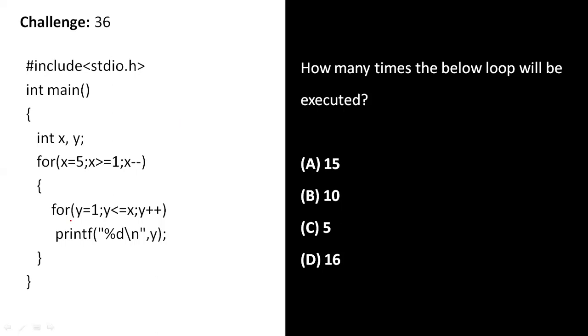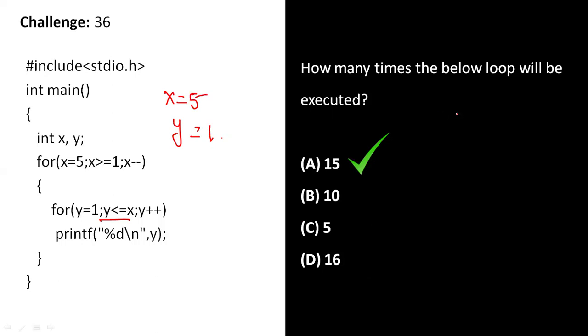Now, let me explain how it works, guys. x equal to 5 is there. The while loop will be started with 1. Option A is correct here. Correct answer for the question is option number A. So y is equal to 1. You have to keep on checking the condition.